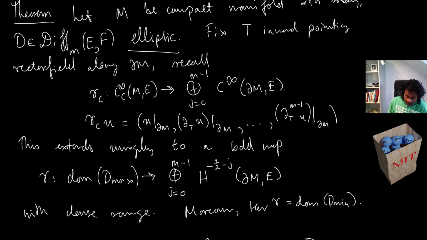Of course, I can replace this with C infinity M of E, right? Because we're in a compact manifold. And we know that C infinity M of E is dense in the maximal domain.